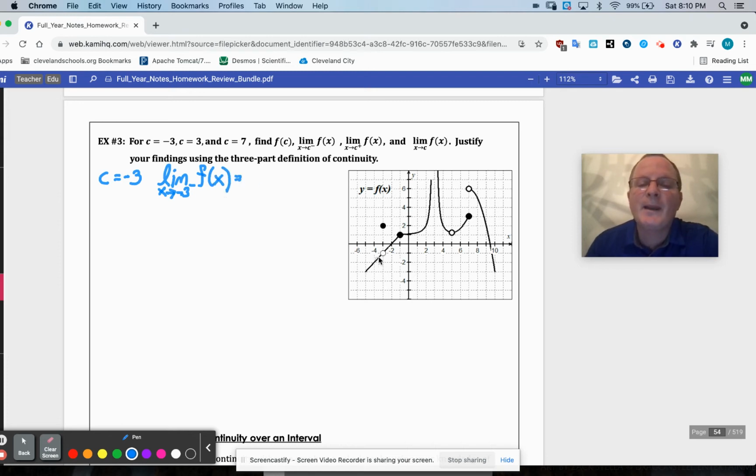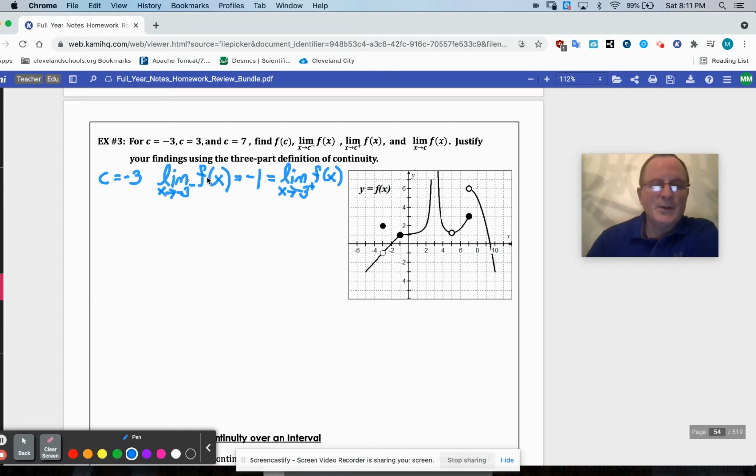Coming from the left here, we're approaching, it appears to be, -1, and that is the same as the limit as x approaches -3 from the right of f of x.